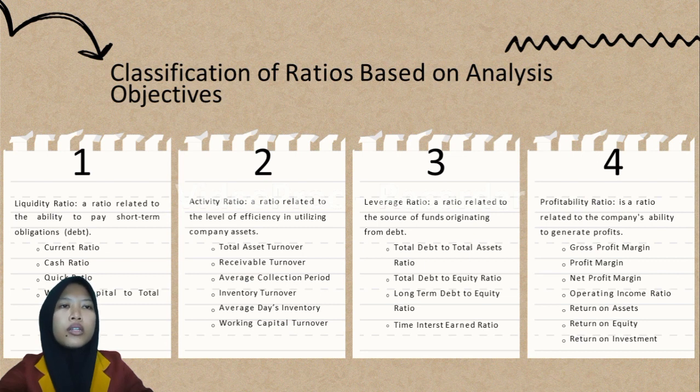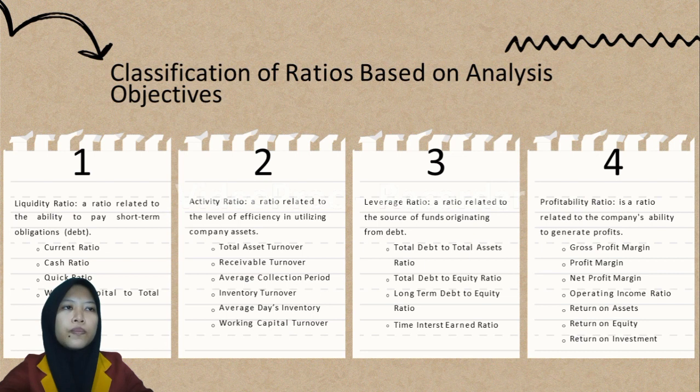3. Leverage ratio. A ratio related to the source of funds originating from debt. Total debt to total asset ratio, total debt to equity ratio, long-term debt to equity ratio, and times interest earned ratio. 4.